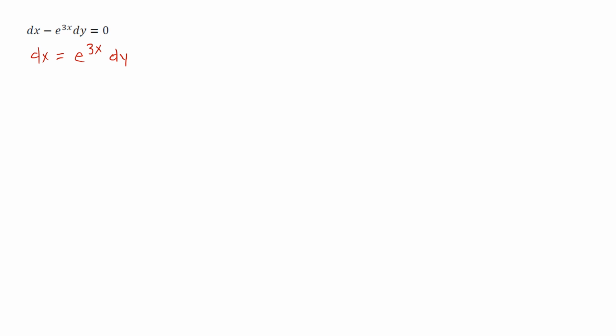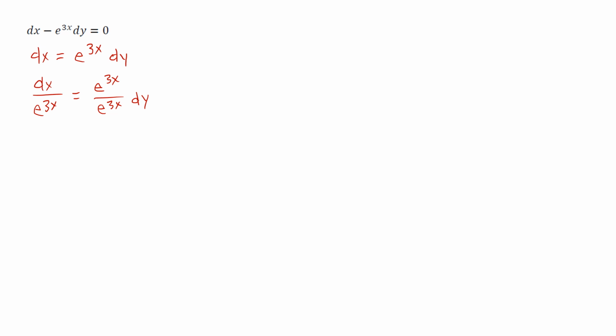Now I want to get one variable contained on one side and the other variable contained on the other. So I am going to divide both sides by e to the power 3x. So I get dx over e to the power 3x equals e to the power 3x over e to the power 3x dy.